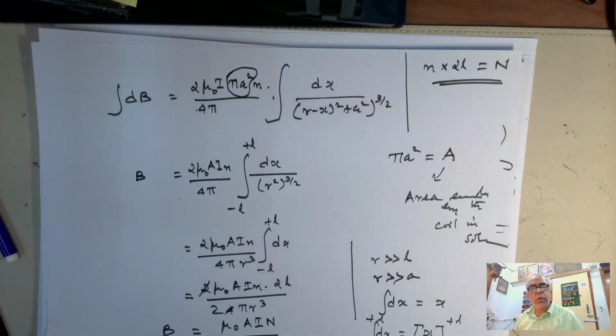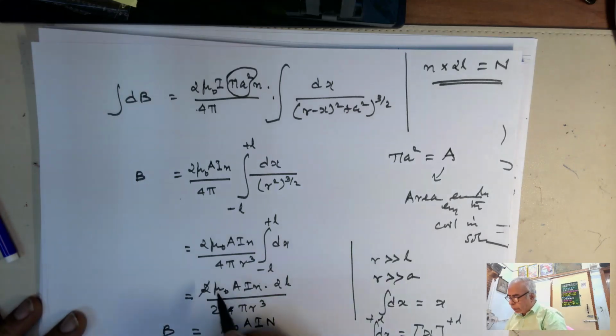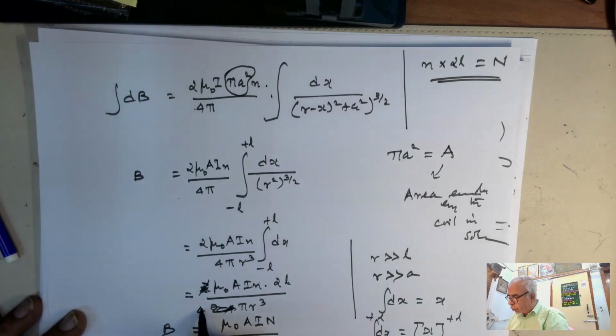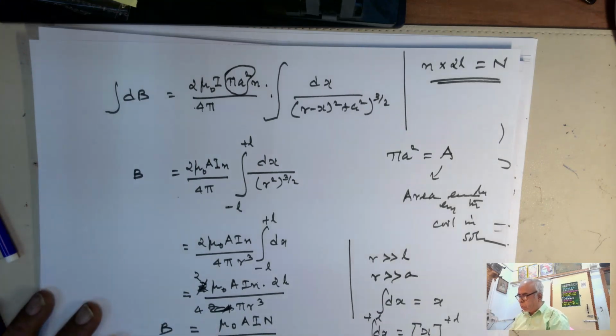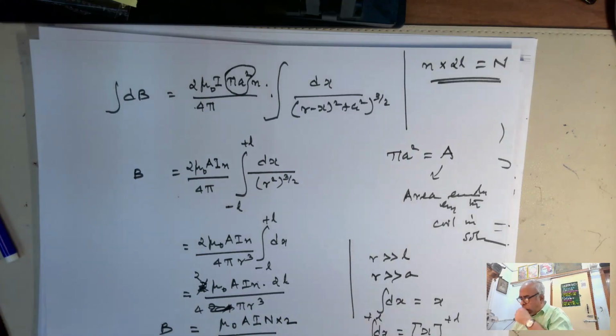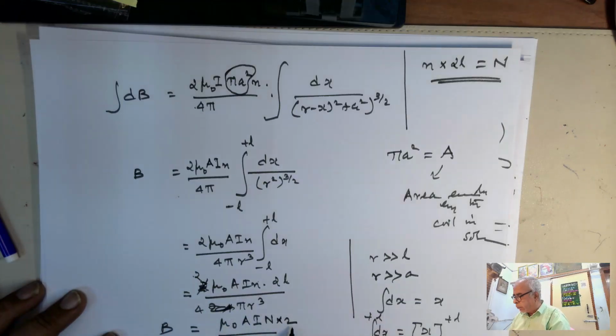So mu naught by 2 pi. In fact, let us not strike out because we want to retain mu naught by 4 pi as a constant. So let me take this as 4 pi and this 2 as such. So it becomes mu naught by 4 pi into 2 into A into I into N. Have I kept this 2 here.